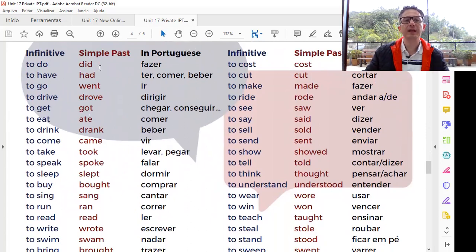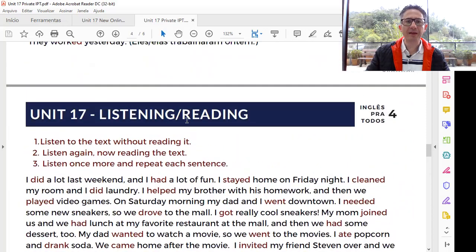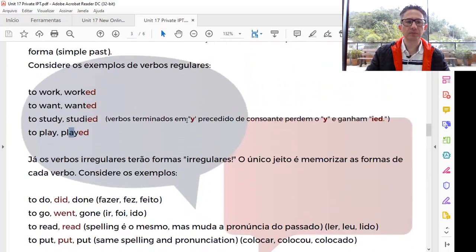Just the infinitive and the simple past, okay? Because the third form we're going to use only when we study present perfect, but we are not going to study present perfect right now, okay? All right. So let's go back to here.